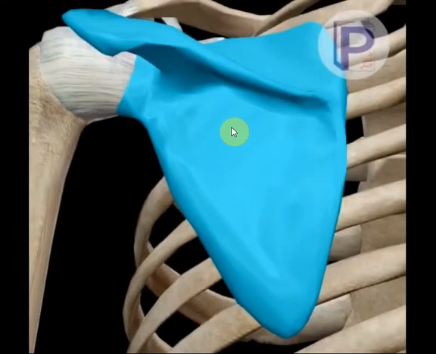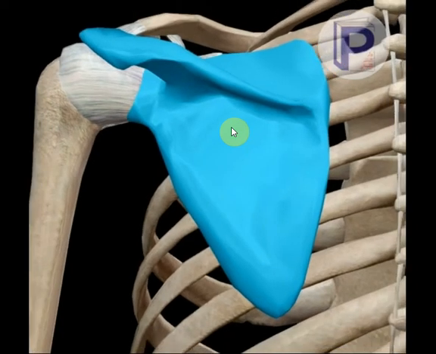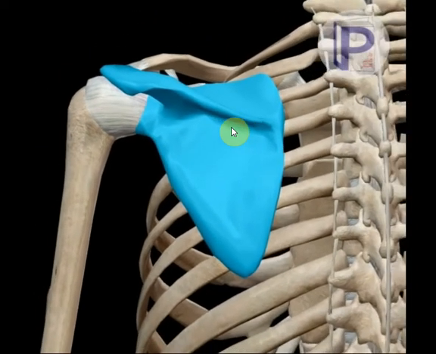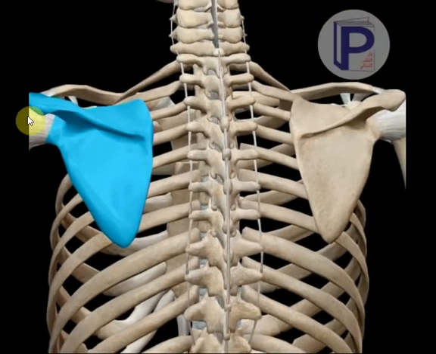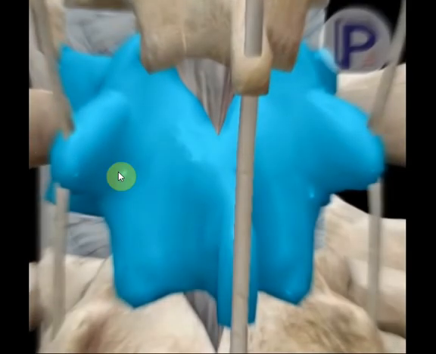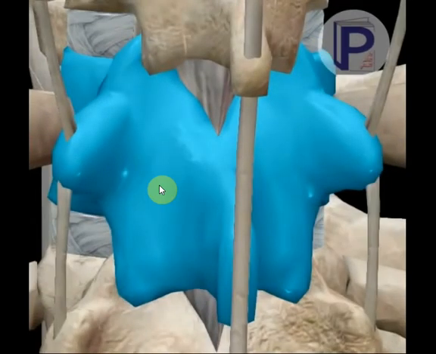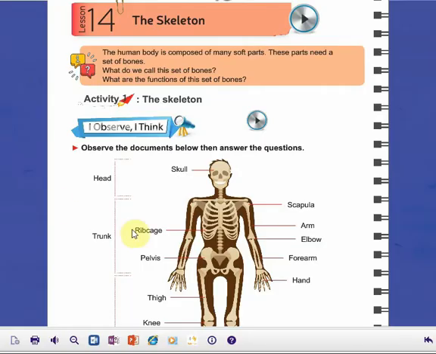We have other flat bones like the pelvis and the skull. And finally, we have the vertebrae, which is a short bone. So we have long bones, short bones, and flat bones.